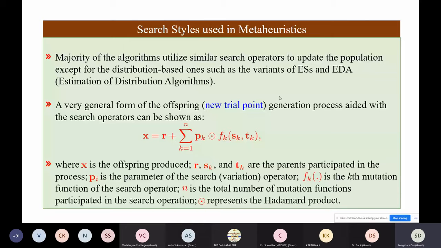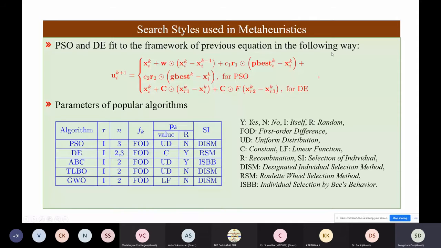So as we were discussing, this is a very compact representation of the solution generation process for most of the meta-heuristics. And you see, PSO and DE fit the framework of this equation. u_i^(k+1), which is the current offspring, is simply like x_i^k plus w times something, where w is a vector and the product is a Hadamard product.